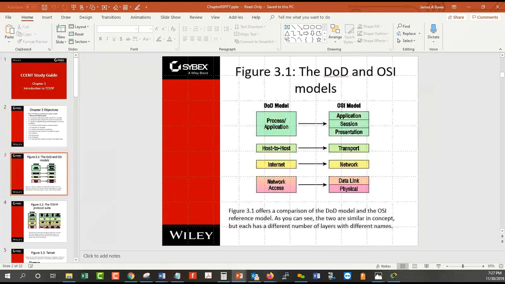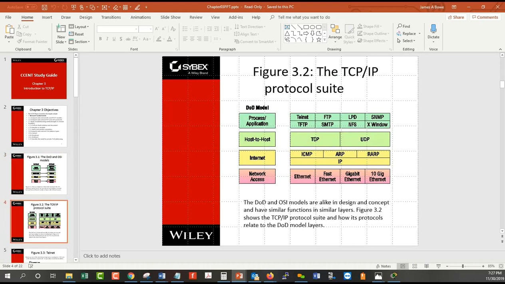We talked about the different layers already for TCP/IP and the difference between the DoD and TCP and the OSI models. That the OSI model was actually built off of the TCP model, which was built off the DoD model.